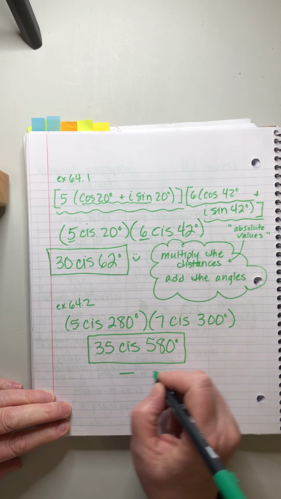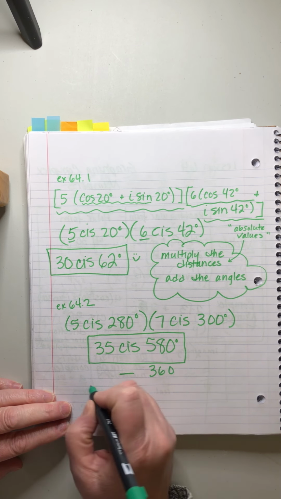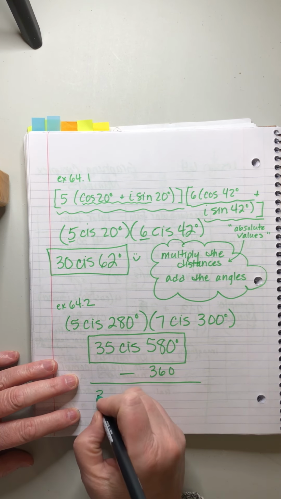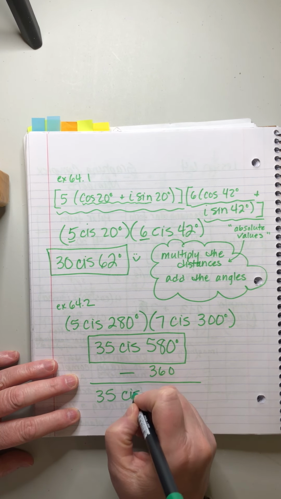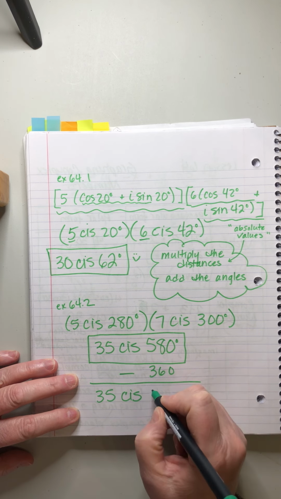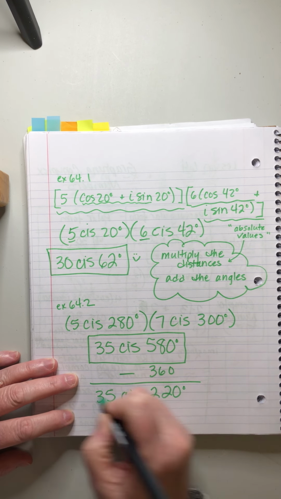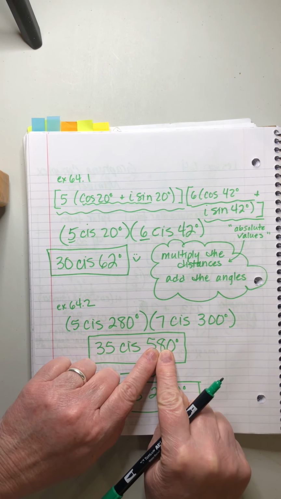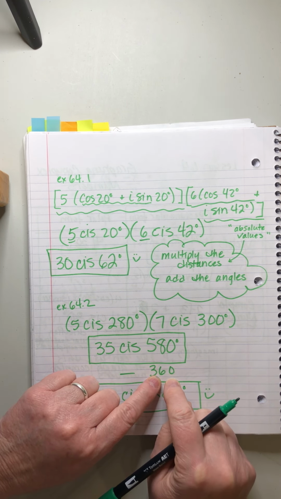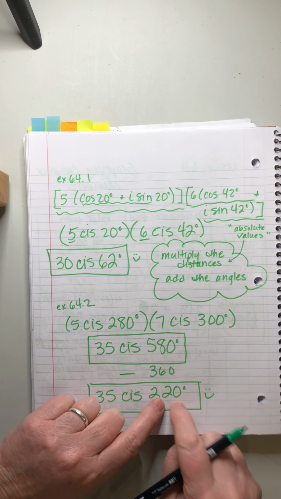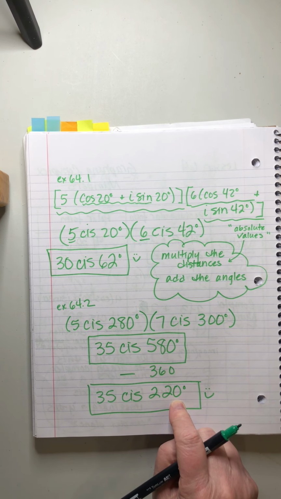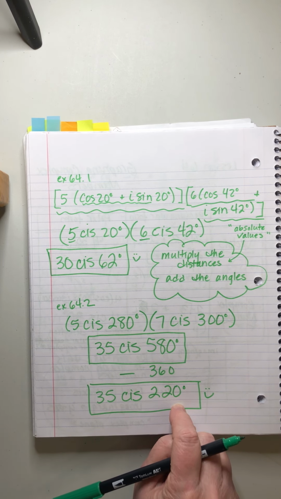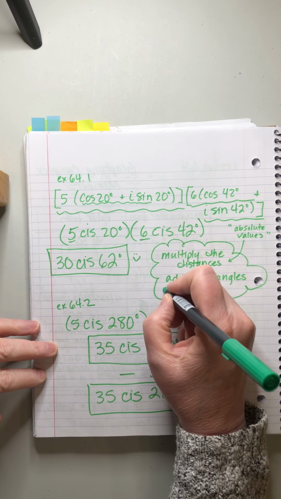So we want to notch that back so that we're not spinning extra times around. You know how we hate to spin extra. So it would be 35 at, what would this be, 220 degrees, right? That's the correct answer, okay? So if the angle you create is more than one spin around, subtract until you get it down to a first order angle. 35 at 220, that's correct, okay?